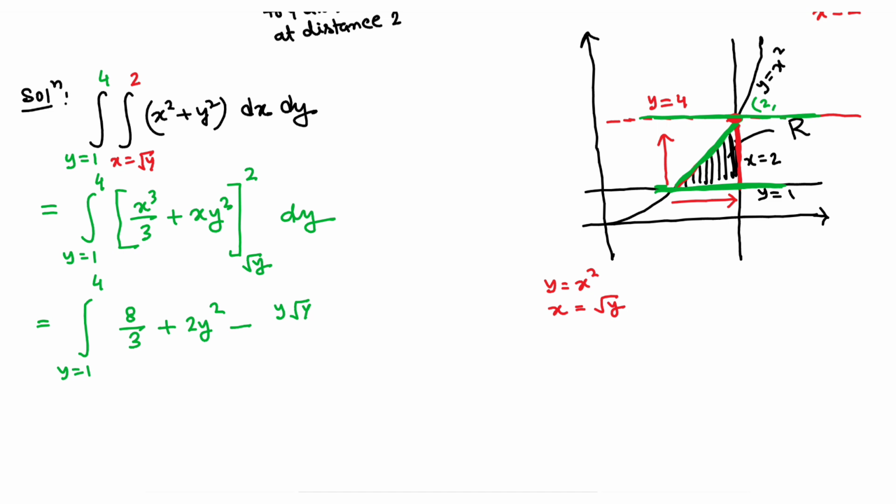Root y to the power 3 means y root y, or y to the power 3 by 2, divided by 3, minus x means root y, so y square into root y, that means y to the power 2 plus half, which is y to the power 5 by 2.